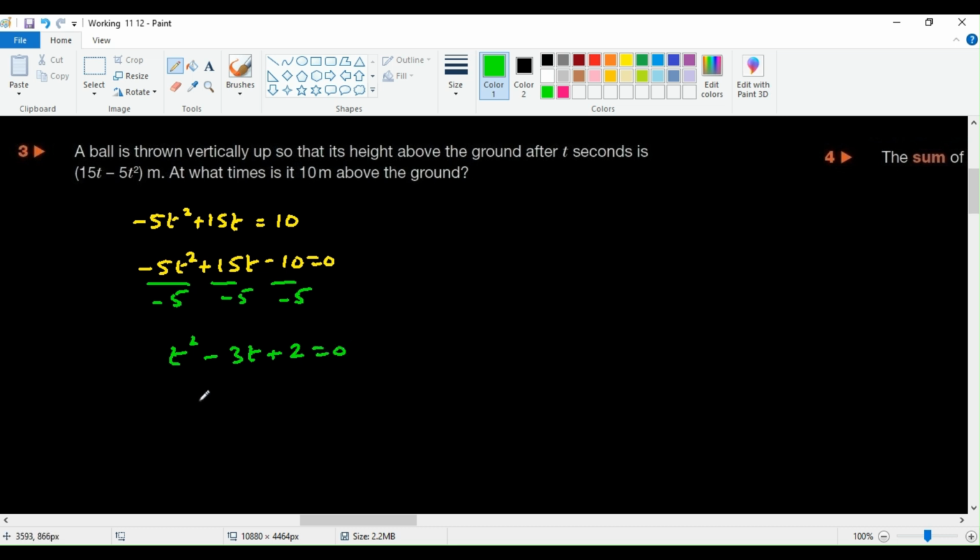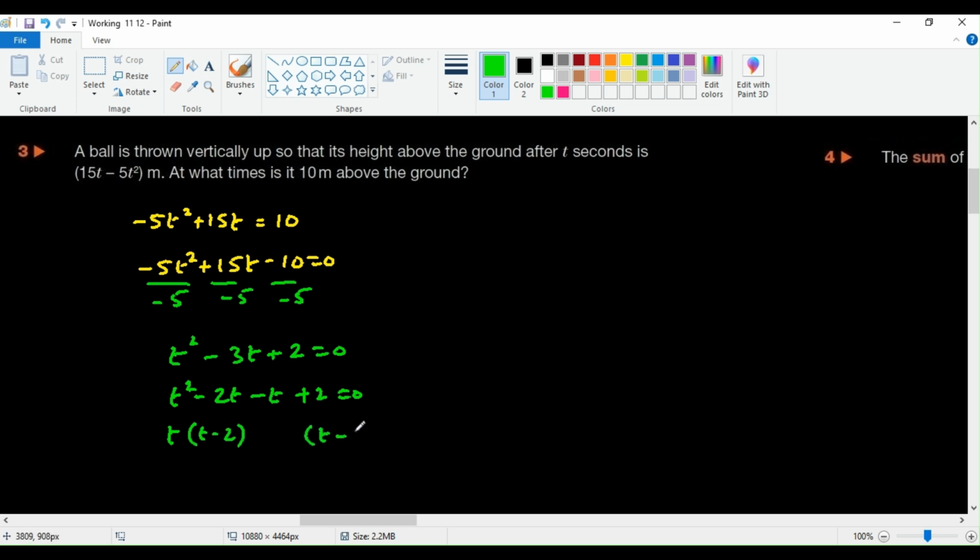Now in here, what we know very well is that it is t square minus 2t and minus t, which is going to give us negative 3t, plus 2 equals 0. In here t is common, and t minus 2 is going to be the first bracket.